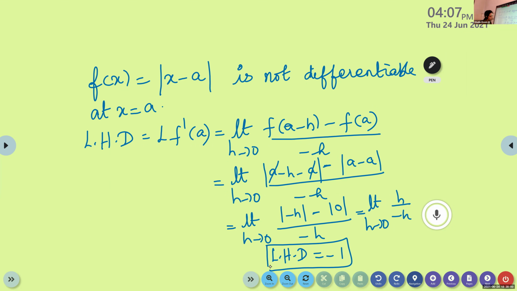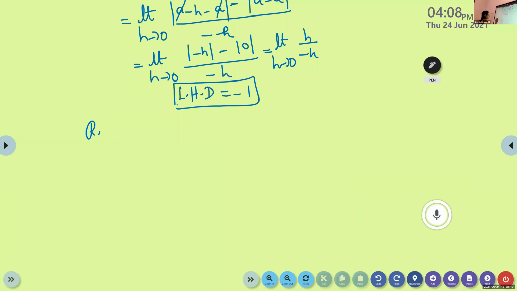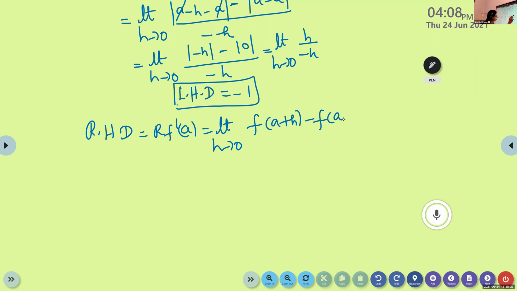What about the right hand derivative? Same way, find out what is the right hand derivative. Right hand derivative is given by r f dash of a, which is equal to limit h tending to 0, f of a plus h minus f of a by h.